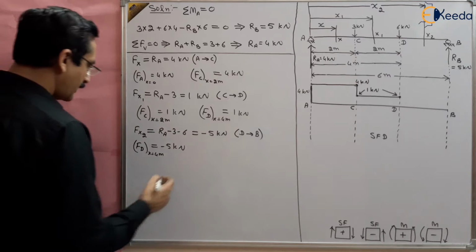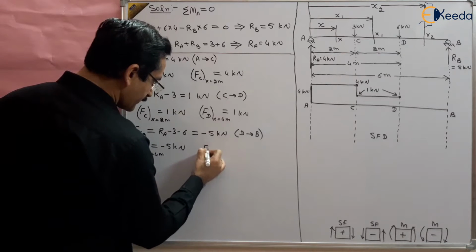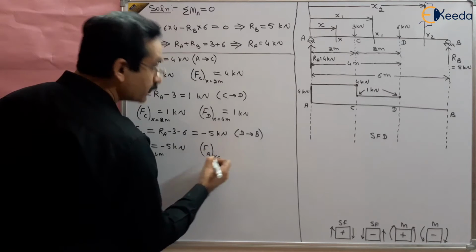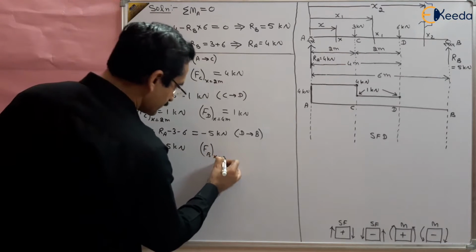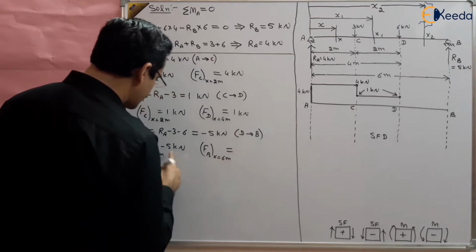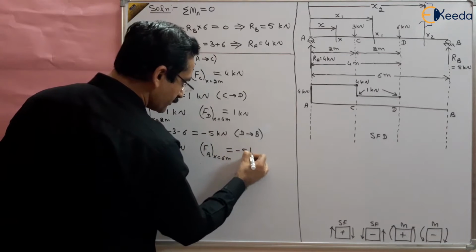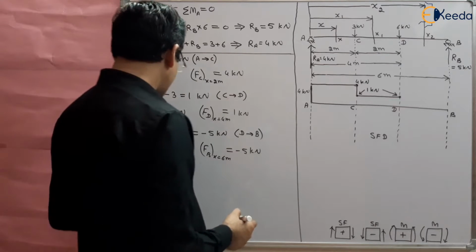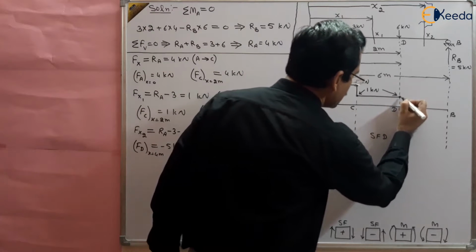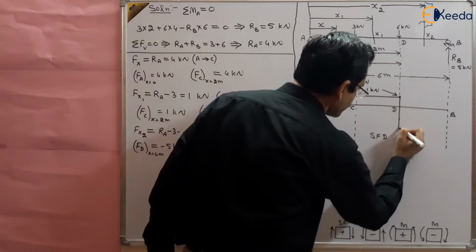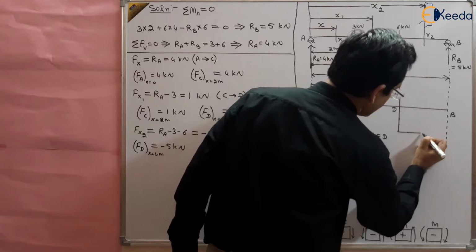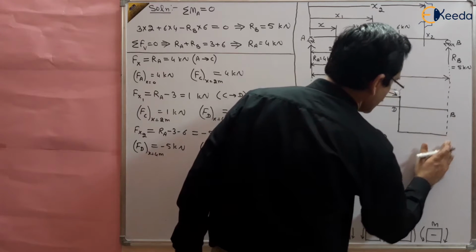And at B, at x equal to 6 meters, it is the same value, no variation, minus 5 kilonewton. So from 1 it goes to minus 5, and this minus 5 is consistent from D to B.